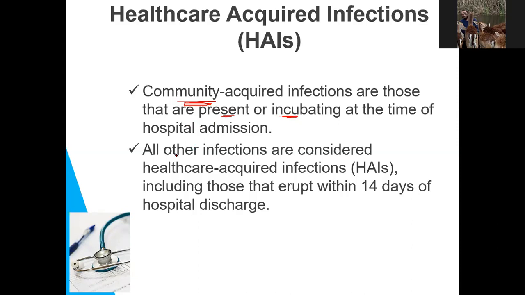But on the other hand, we can define the infections described as healthcare acquired infections أو hospital acquired infections. وقلنا نوسع المجال شوية بتاعنا، هنقول healthcare acquired infections. Those infections that erupt, تبدأ تظهر على المريض, within 14 days of hospital discharge. يعني بعد ما يخرج من المستشفى.